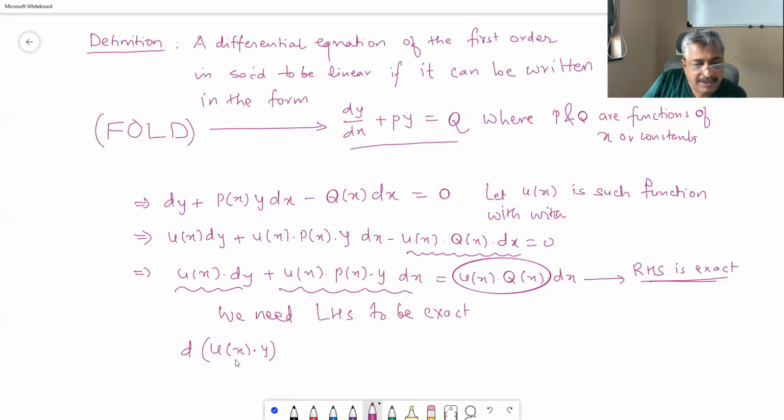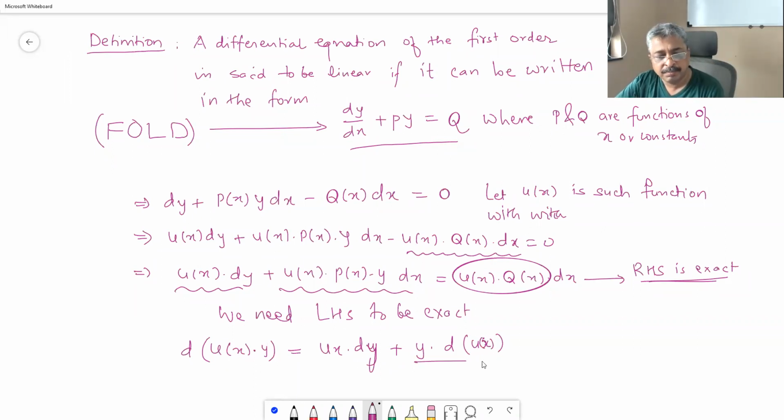The derivative of u of x into y is u of x into derivative of y plus y into derivative of u of x. This will be my second term.